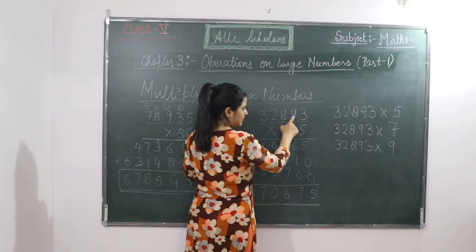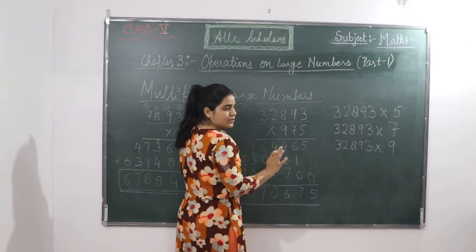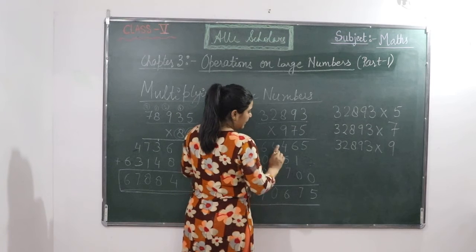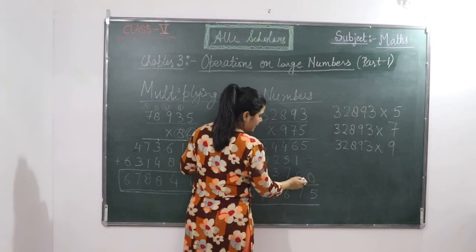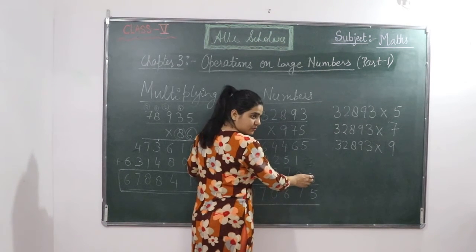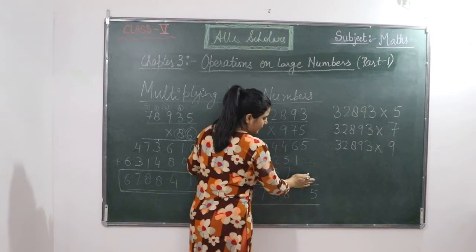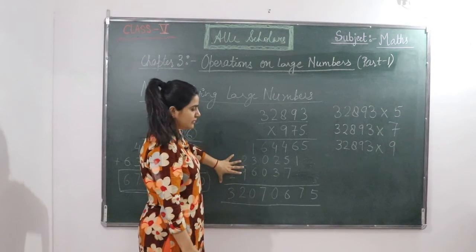Then we will multiply with 7, leaving this space, or you can also put 0 here. Next, we will multiply all these numbers with 9. We leave the 0, either you put 0 at the place of 1s and 10s, or you leave this place. And finally you need to add all the 3 numbers.